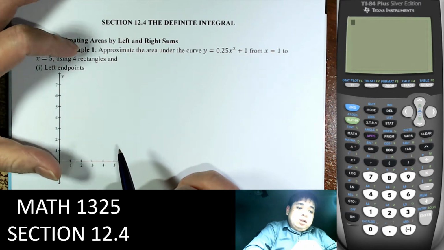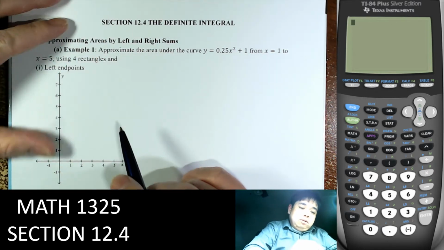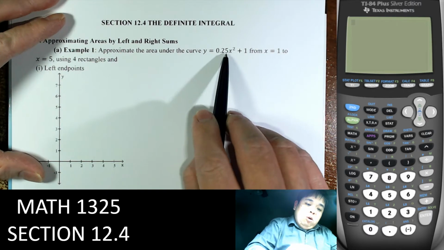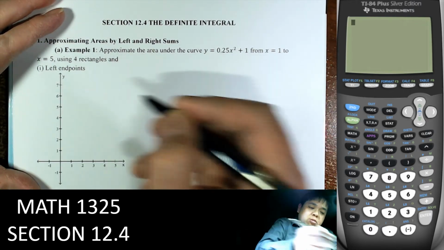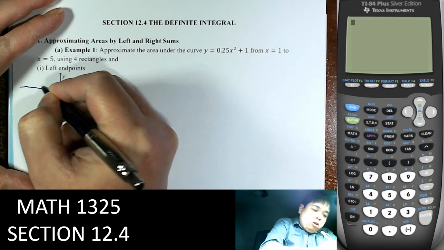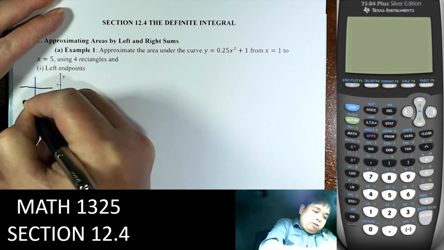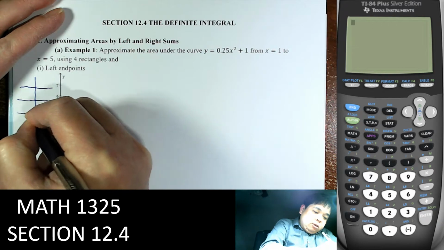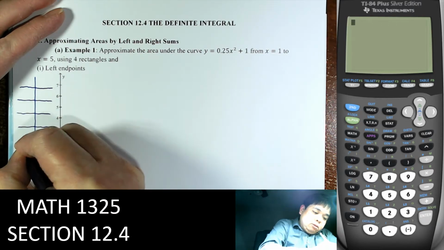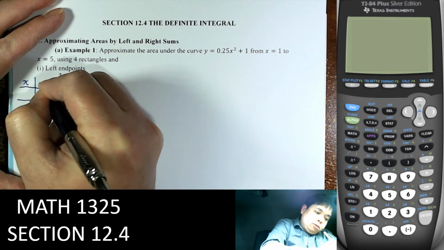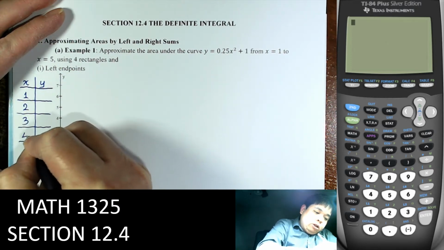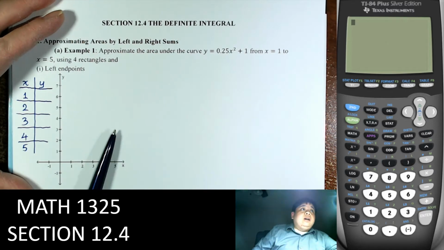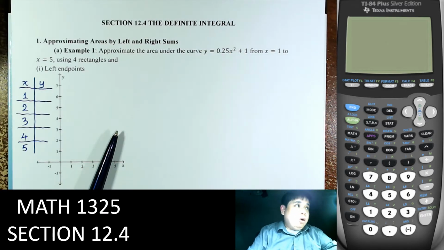approximating the area under the curve y equal to 0.25x squared plus 1 from x equal to 1 to x equal to 5. So I'm just going to make a table for x equal to 1, 2, 3, 4, and 5. Just put 1 in here and evaluate. That will be easy.